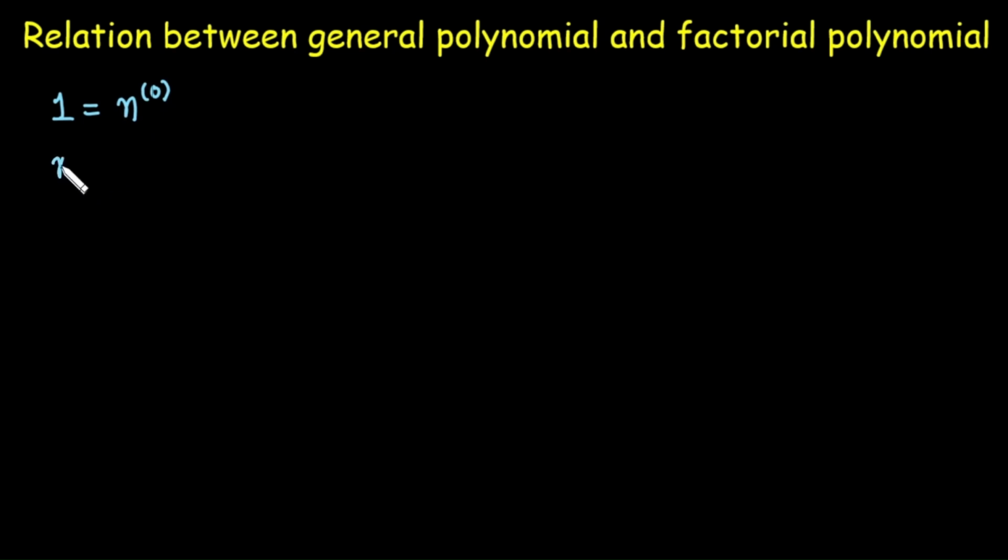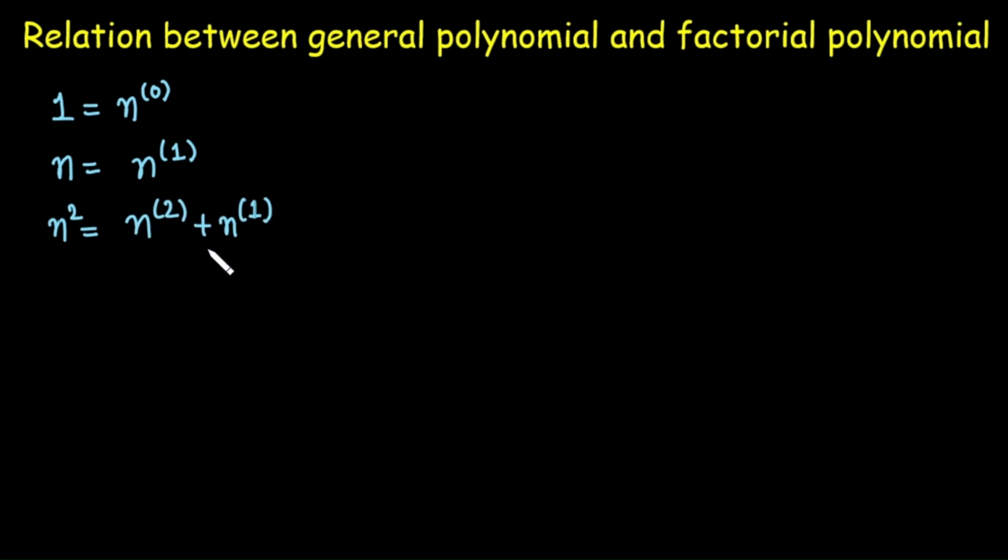Whereas if I say n, that is written as n raised to power 1 factorial polynomial. Because n raised to power 1 factorial means we need only one single term from the factorial, that is n. And if you need to write n square, that can be written as n raised to power 2 plus n raised to power 1 factorial polynomial.